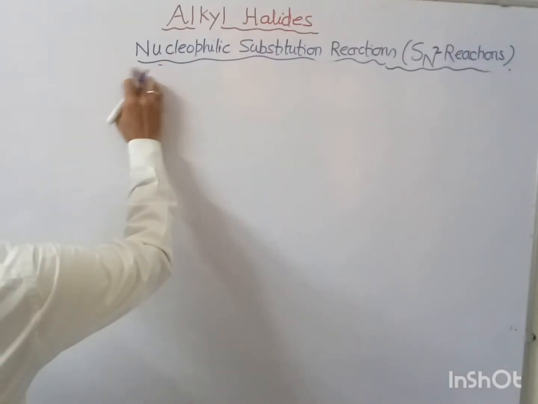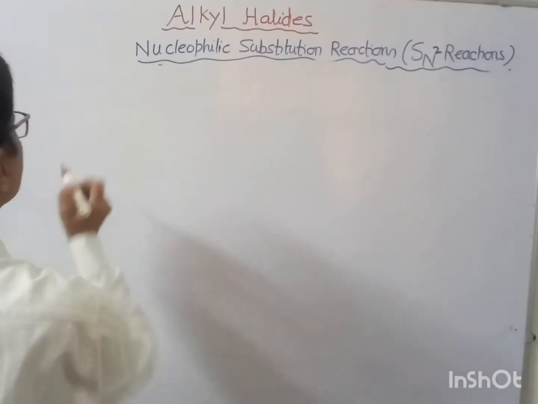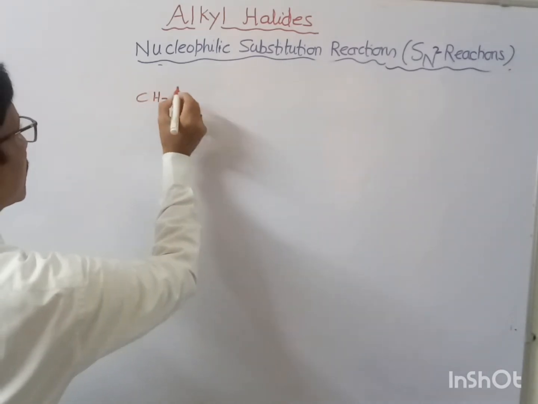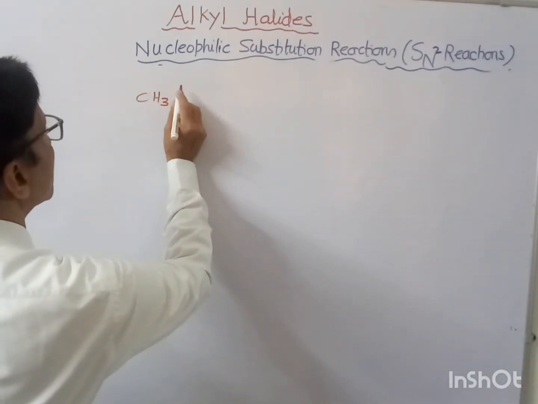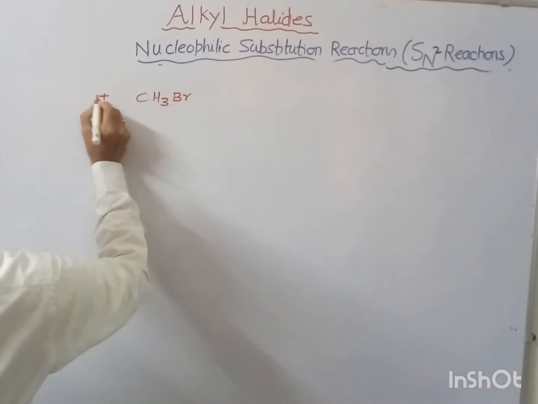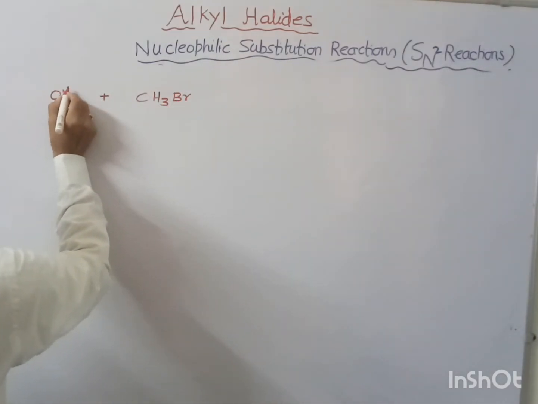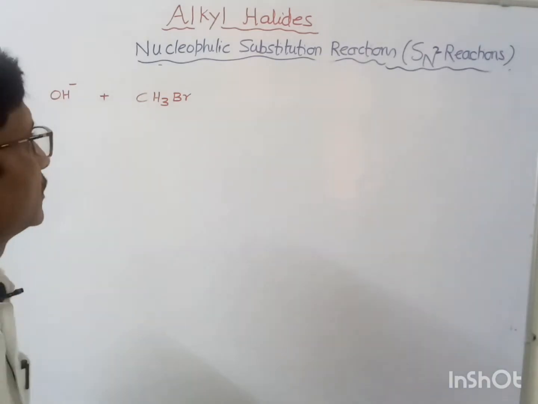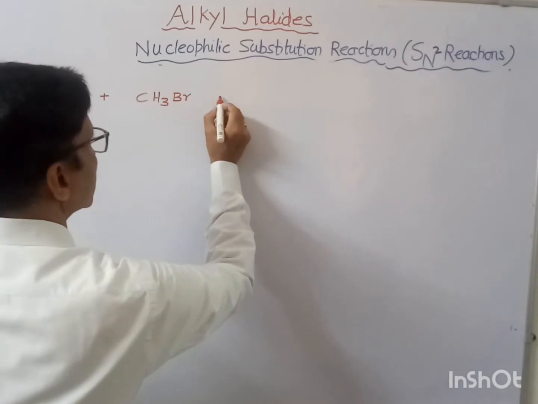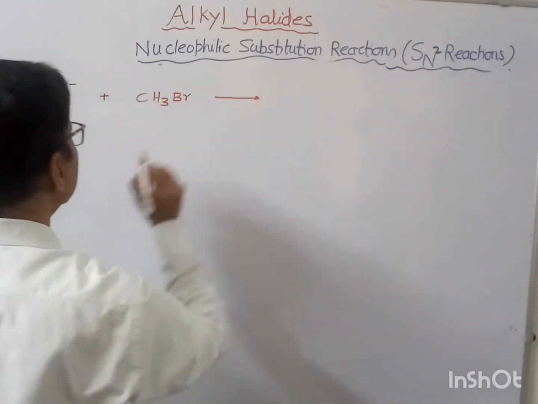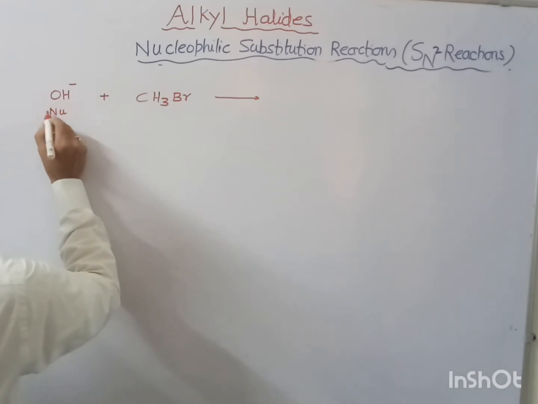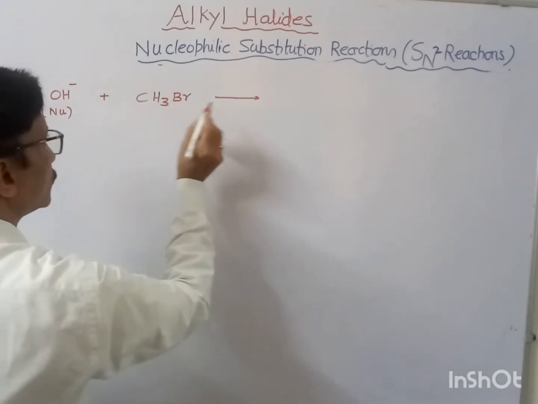Suppose I have an alkyl halide, methyl bromide, in the presence of hydroxide ion as a nucleophile. So this is our nucleophile and this is the substrate molecule.